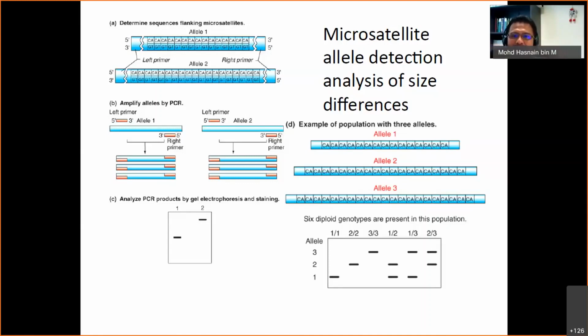Okay, may I ask why allele 3 moves a shorter distance as opposed to allele 1 that moves far?